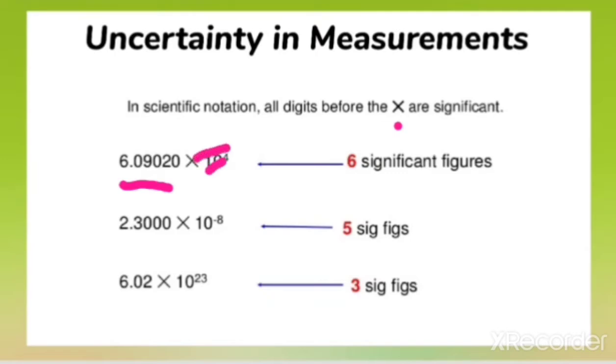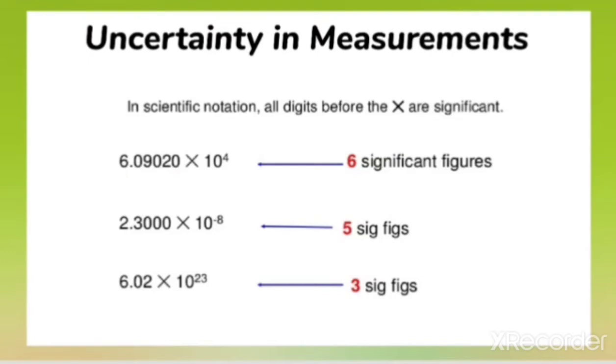There is no need to look at the power, just check these digits, and all of them are significant, because 6 is significant, 9 is significant, this 0 is between non-zeros, and this 0 is also between non-zeros, and 2 is already significant, and the last 0 is significant because it is on the right side of the significant figures and there is a decimal point. So a decimal point should be there, then only can we take this 0 into the significant figures.